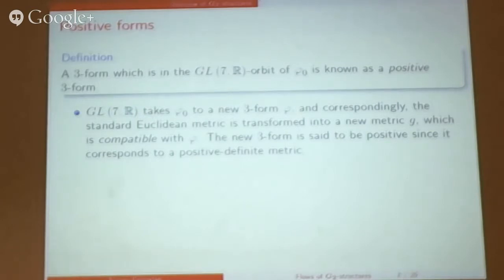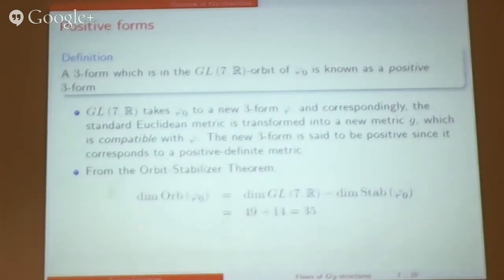GL7 takes phi 0 to some new 3-form phi, and correspondingly the standard inner product is also taken to some new metric, some new inner product. That's why these 3-forms are called positive, because to each one there is assigned a positive definite metric.